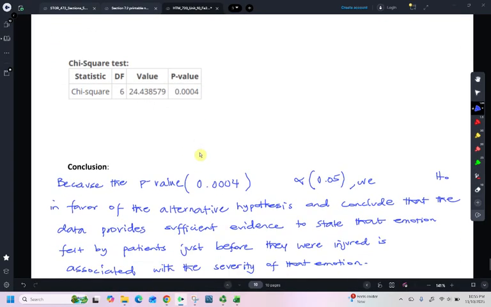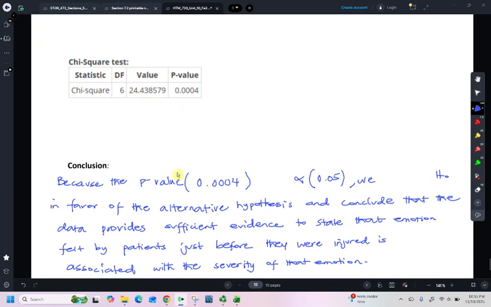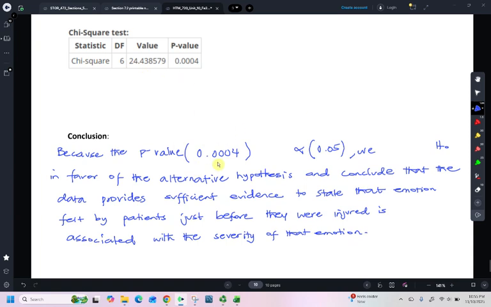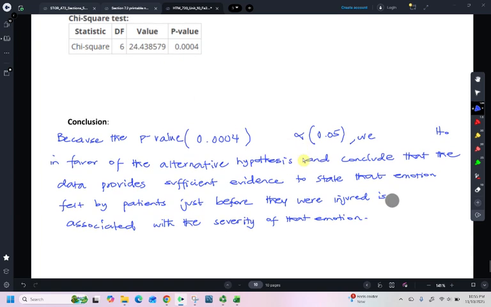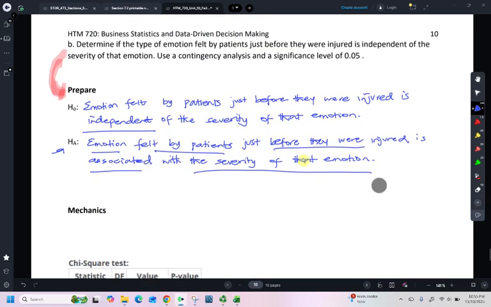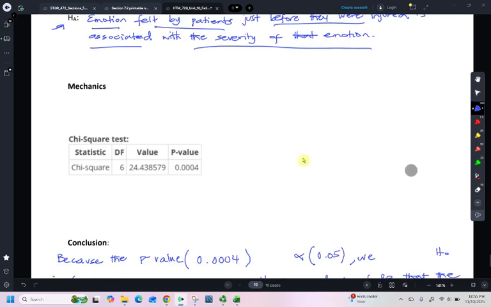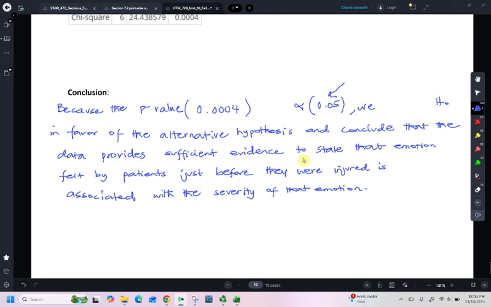Now with that p-value and the chi-square test statistic value, we can compare the p-value to the level of significance of the test, which this question wants us to take to be 0.05. Hence what we have here: the p-value is less than alpha. That leads us to reject the null hypothesis in favor of the alternative.